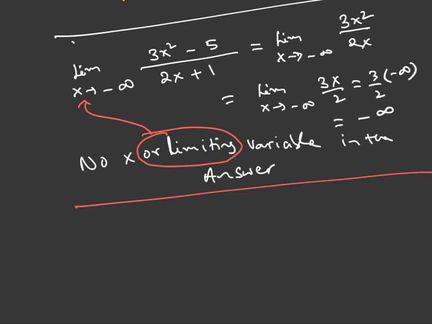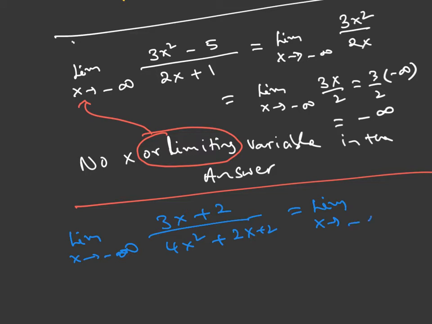If you plug in negative infinity for x, you get 3 over 2 times negative infinity, so that would be your answer. The same way, if you have it backwards, something left over on the bottom, you still continue the same thing, finding leading terms on the top and bottom.